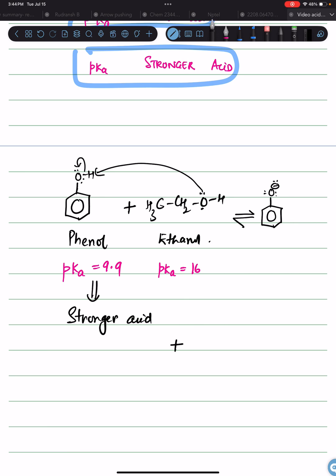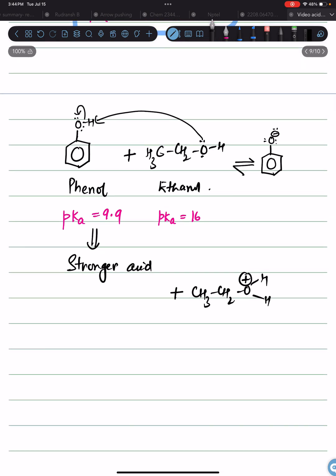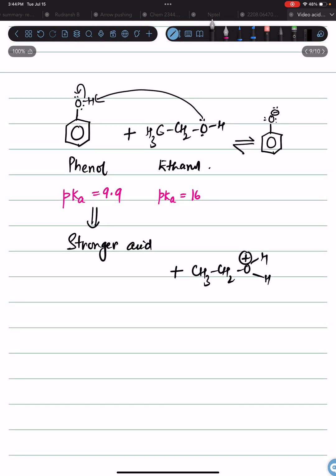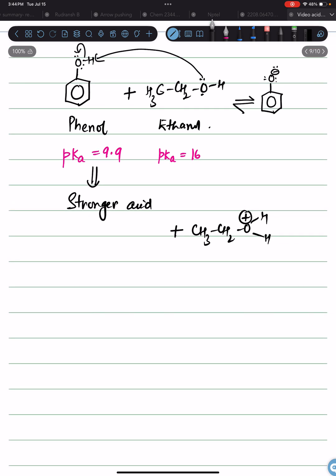The product would be CH3CH2, and then, so this is an oxonium ion. Fine. So this equilibrium will be more towards the product side. And phenol will be acting as an acid because its pKa value is lower as compared to ethanol. So this is how.